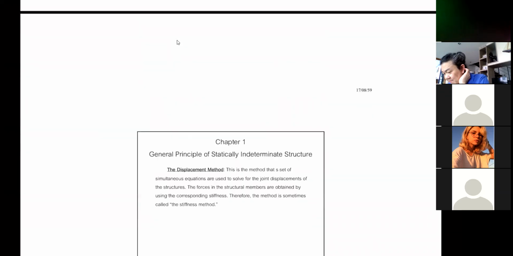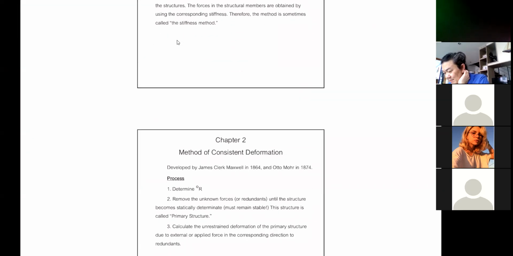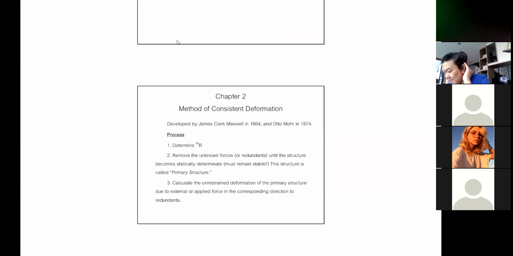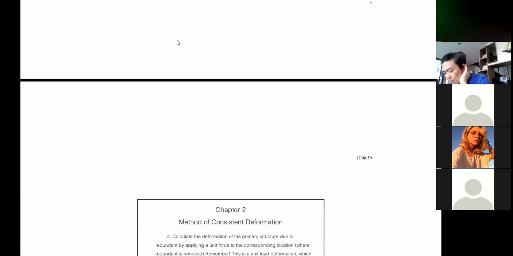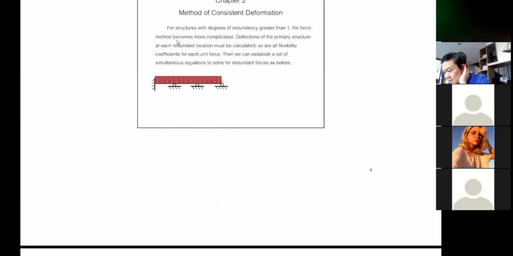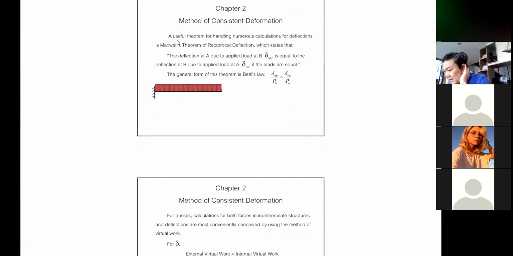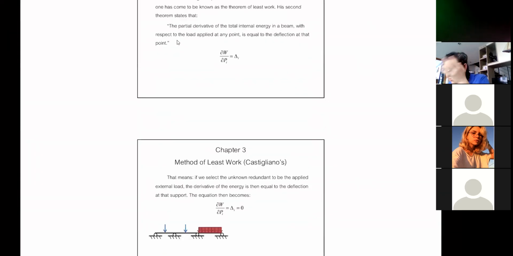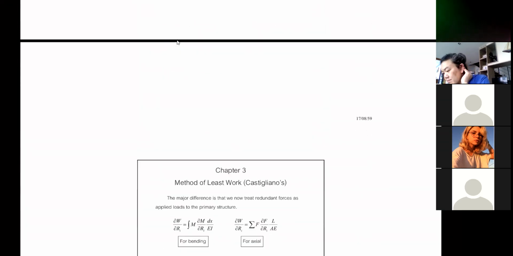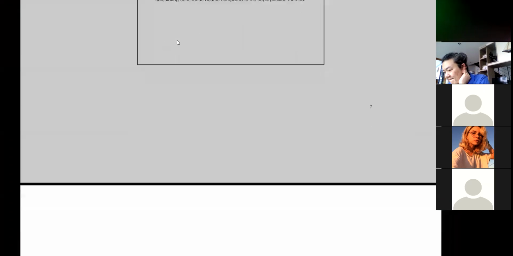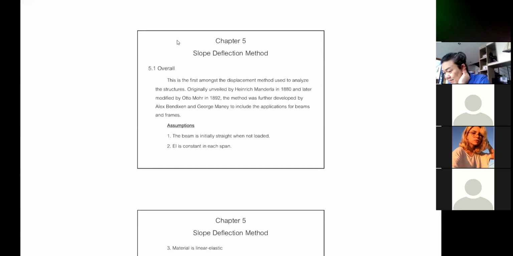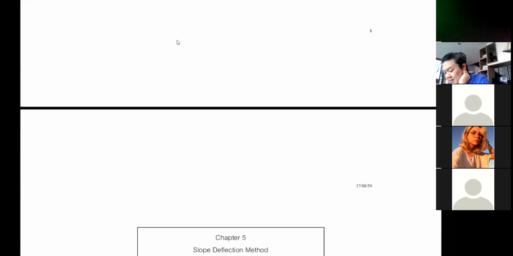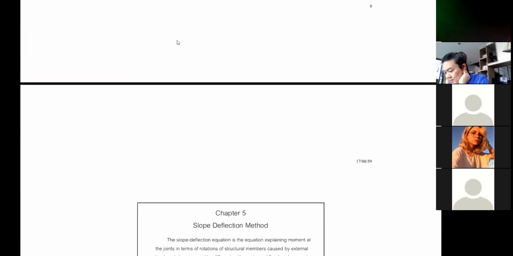That's the old one, the force method. Here's the displacement method. That's the old stuff. Yeah, okay. This is the new method.